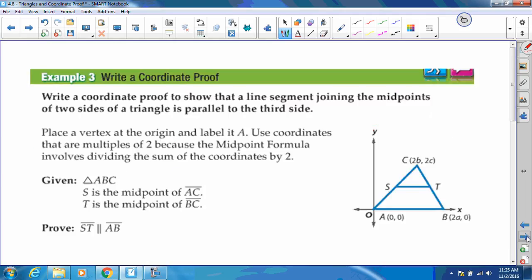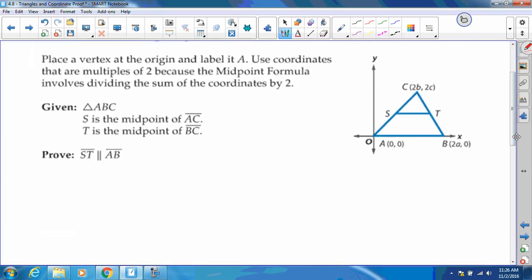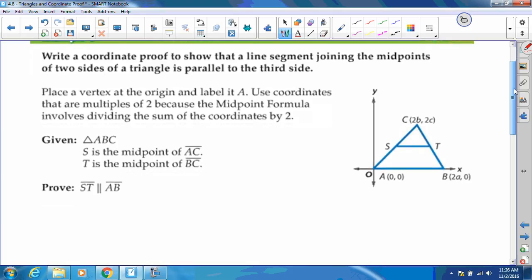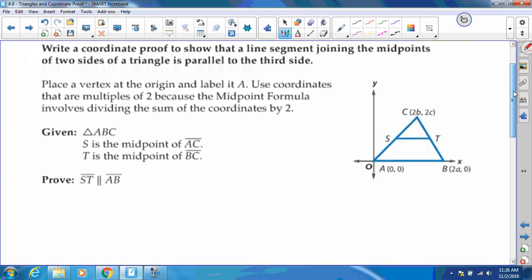Okay, now we're going to look at how we would write a coordinate proof when they're giving us information. One of the things about a coordinate proof, for the most part, is you're just going to do the work and then you're going to be able to say this is why it's true, why the proof works. So we have: write a coordinate proof to show that a line segment joining the midpoints of two sides of a triangle is parallel to the third side.